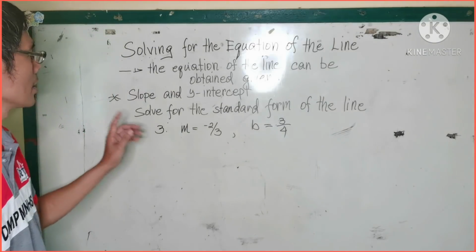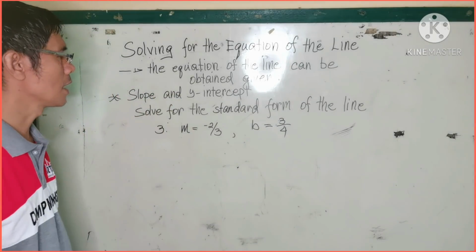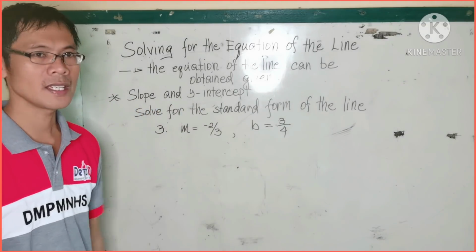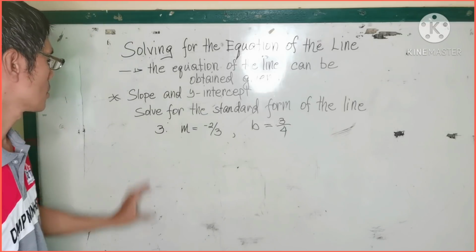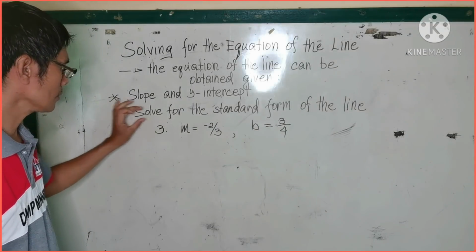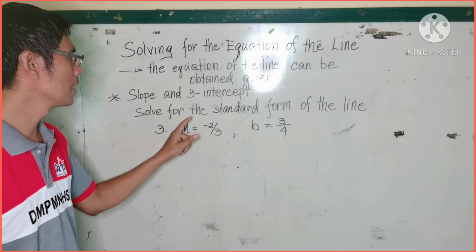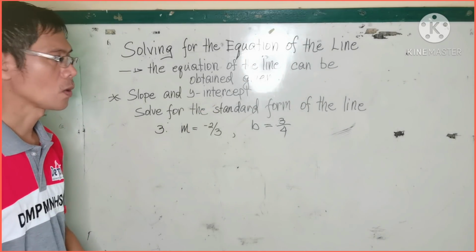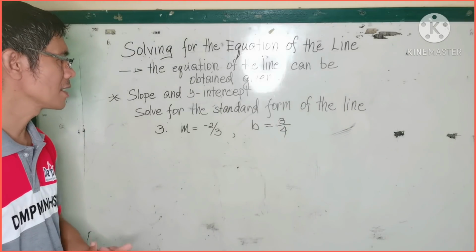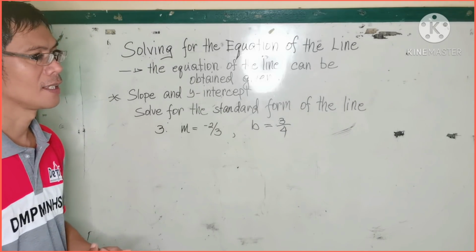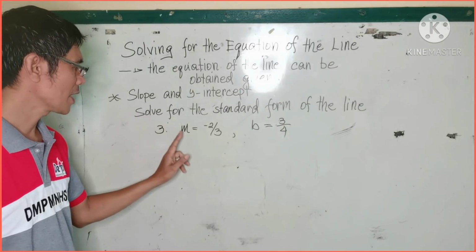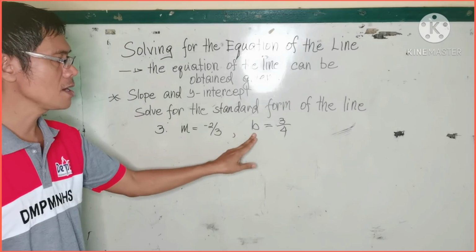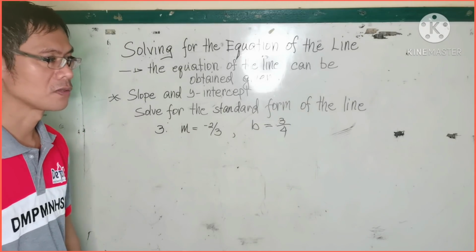Still on solving for the equation of the line, given the slope and y-intercept. You have there the direction, solve for the standard form of the line. Given that m is equal to negative 2 over 3 and b is equal to 3 over 4.